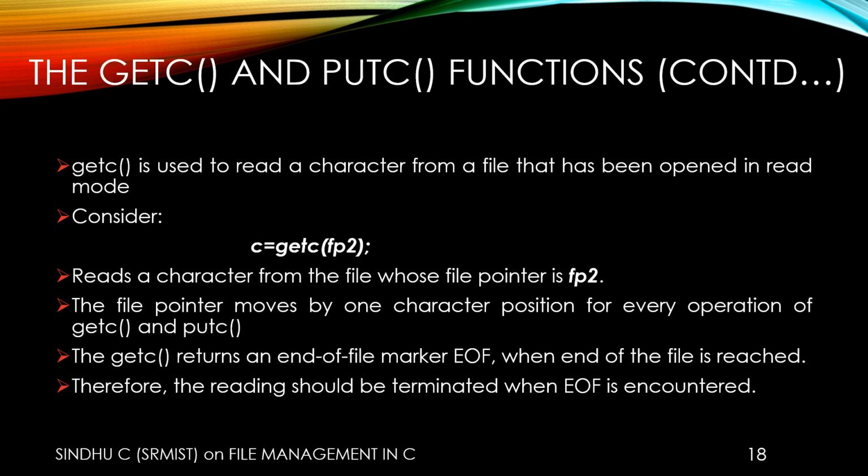Let us consider a statement c = getc(fp2). This statement reads a character from the file whose file pointer is fp2. The file pointer moves by one character position for every operation of getc and putc. getc returns an end of file marker, which is EOF, when the end of the file is reached. Therefore, the reading should be terminated when end of file is encountered.